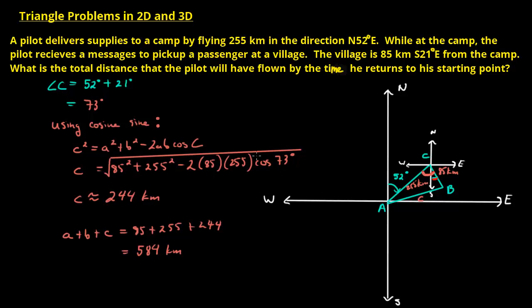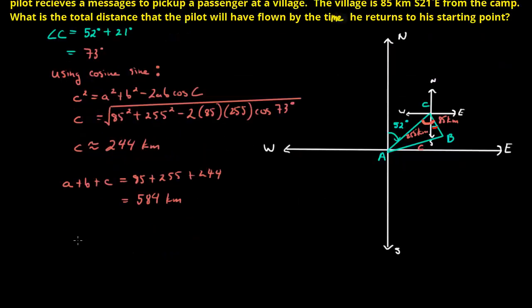And since we're at the end of the problem, we should write a therefore statement. Therefore, the total distance traveled was 584 kilometers.